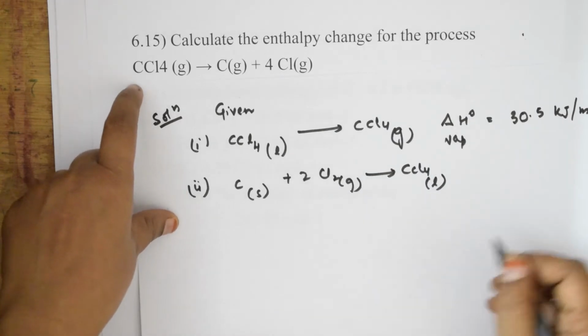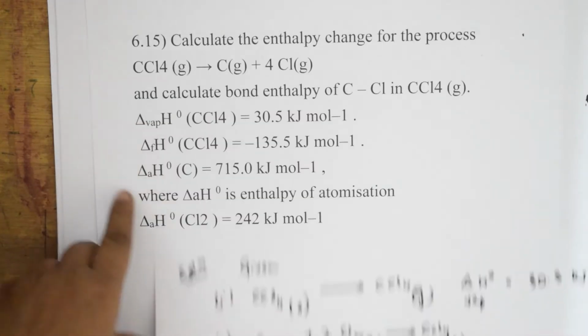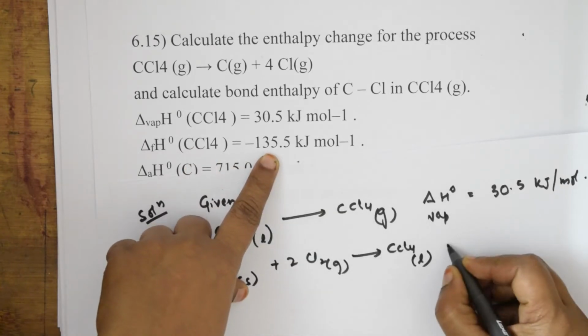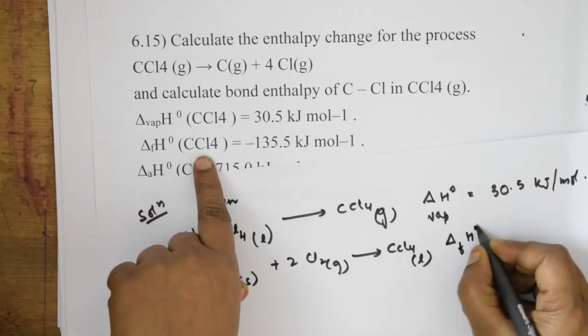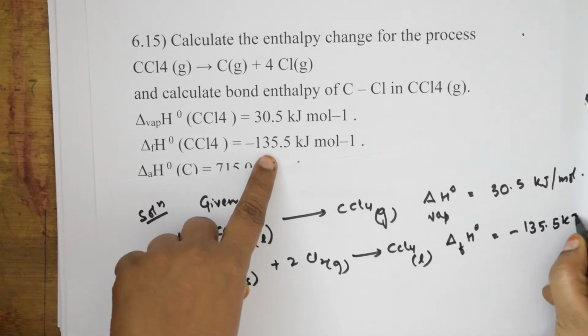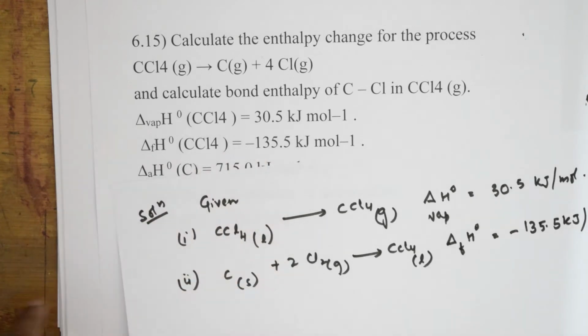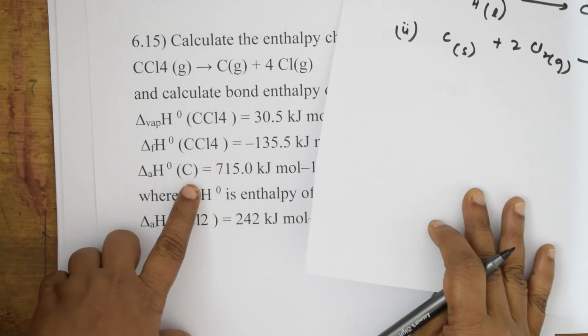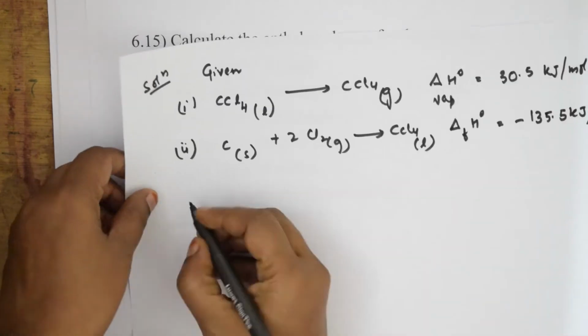How many chlorines? 2. Now how much is the delta H formation of CCl4? It is nothing but minus 135.5 kilojoules per mole. This is also over.